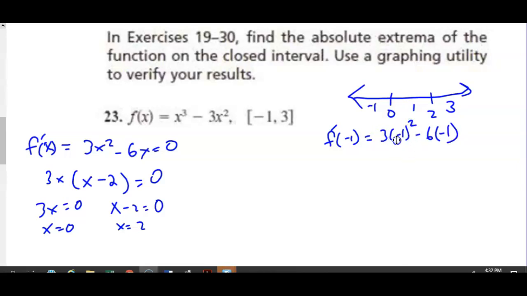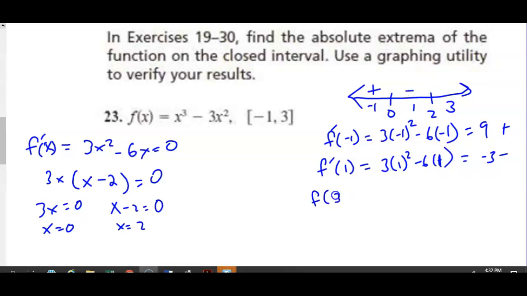So that's 3 plus 6, which is 9. So that's positive. And then f prime of 1: 3 times 1 squared minus 6 times 1. So 3 minus 6 is -3. That's negative. And then 3.